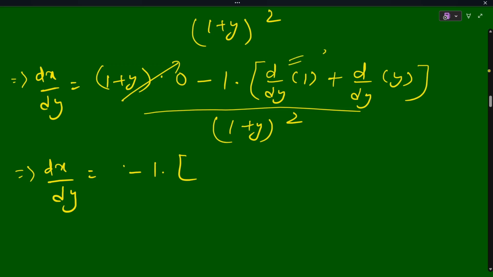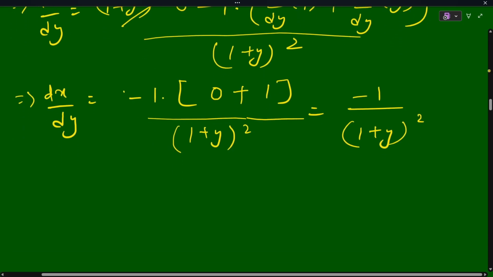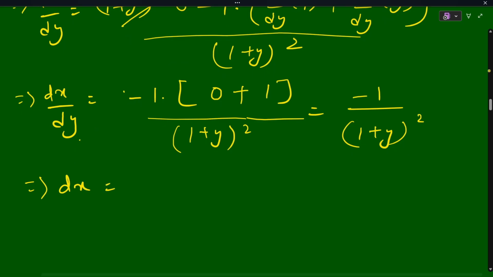Then 0 plus, here this term is d/dy of y, it is 1, over (1+y) square. So now this is 0 plus 1, that is 1, and minus 1, it is minus 1 by (1+y) square. So from here you can write that dx is equal to minus dy by (1+y) whole square, taking this dy to the right hand side.